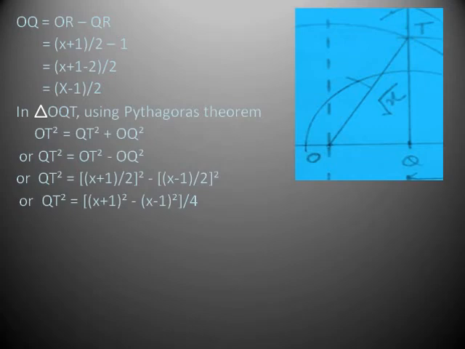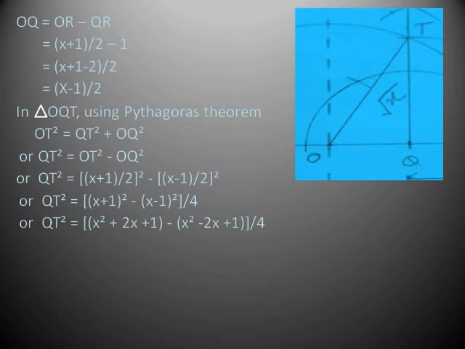Now we will use the formula (a plus b) whole square and (a minus b) whole square. So we get QT square is equal to (x square plus 2x plus 1) in one bracket minus (x square minus 2x plus 1) in another bracket, whole by 4. Or we can write QT square is equal to (x square plus 2x plus 1 minus x square plus 2x minus 1) whole by 4.